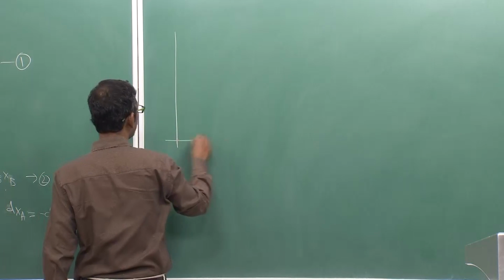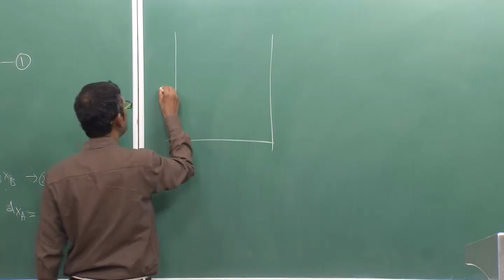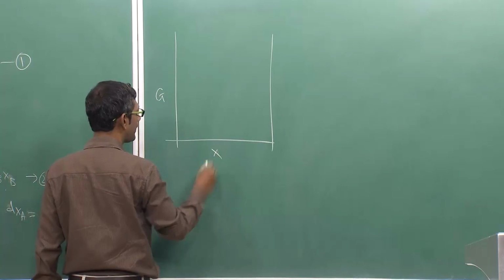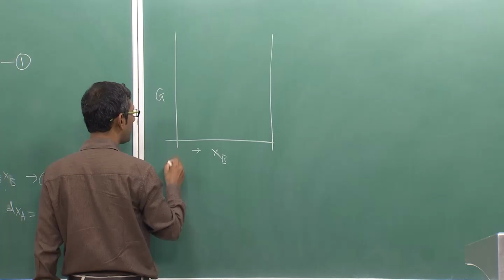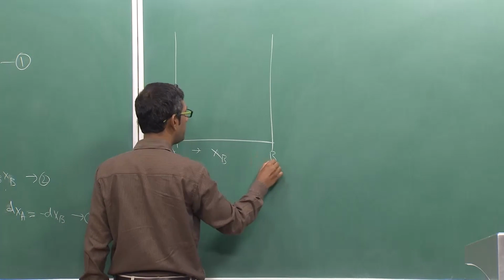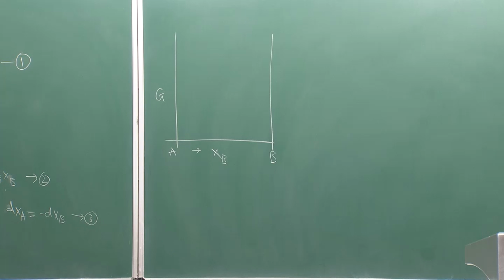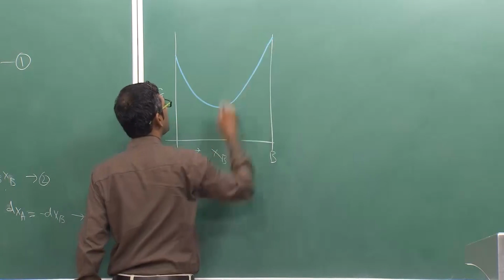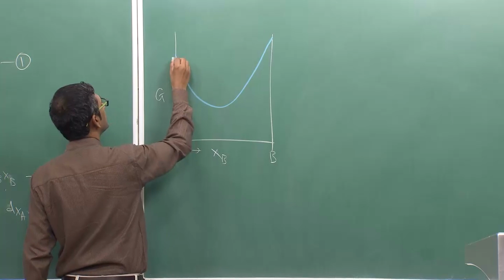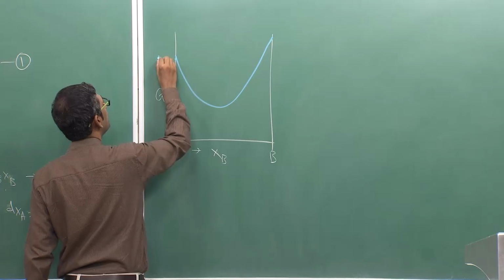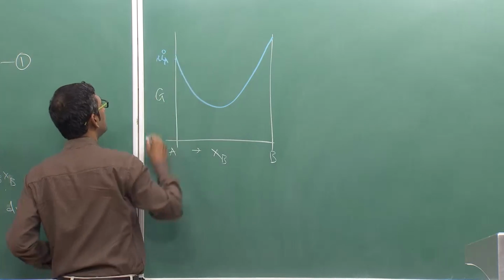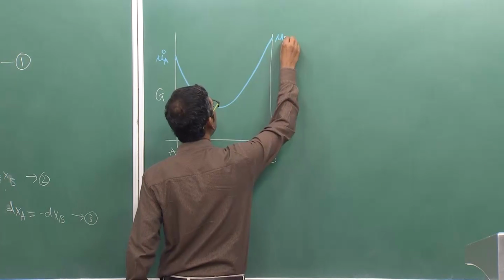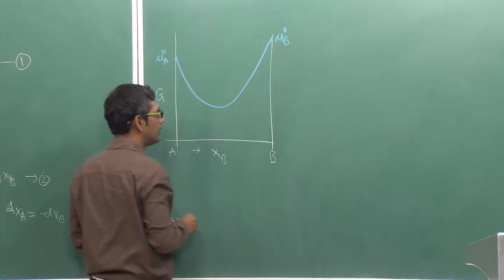Suppose this is my free energy versus composition plot. This is x or xb, whatever you define, with the pure A end and the pure B end. Now I will draw using a color chalk so that it becomes very easy for you to follow. Suppose this is my free energy curve, so this point is equal to mu A0 and this point is equal to mu B0.